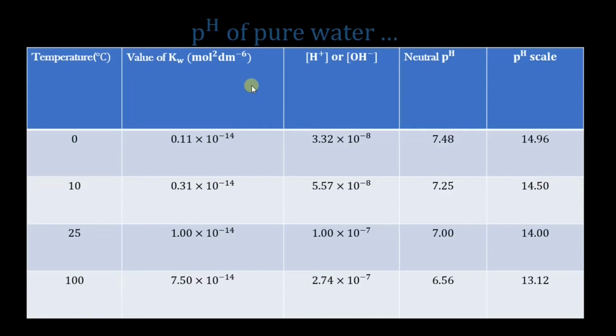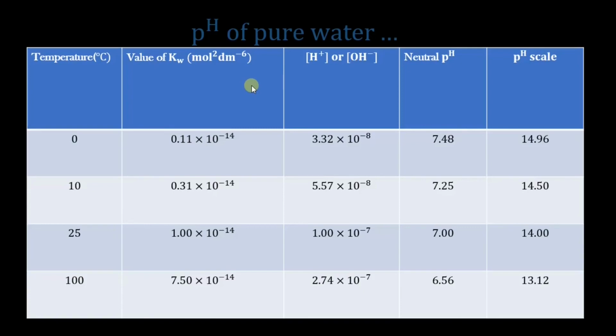And we have already seen that if we have pH and pOH, we shall sum them up to get the pKw, and in this case it's going to be 7.48 plus 7.48, giving us a pH scale of maximally 14.96 approximately.